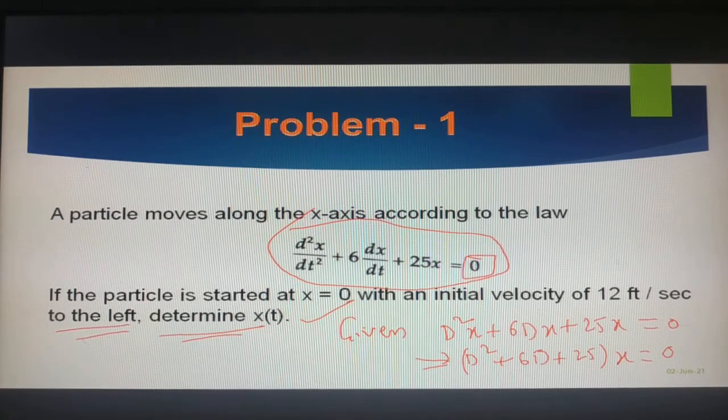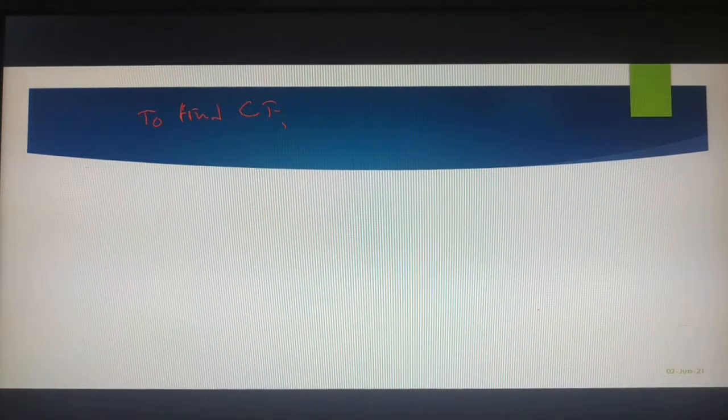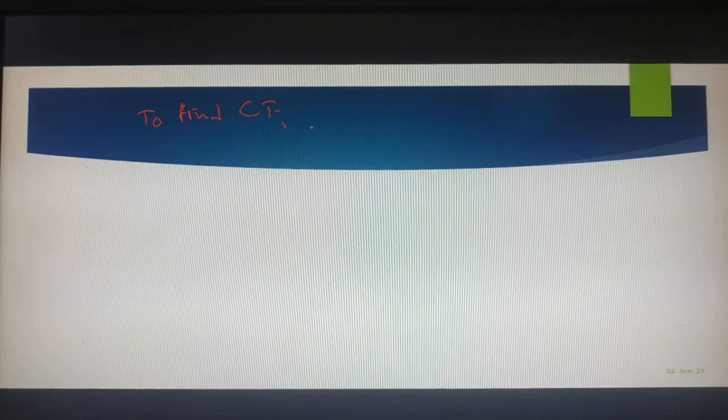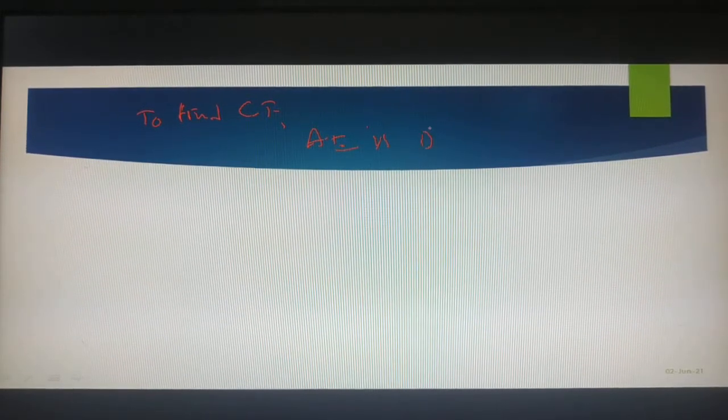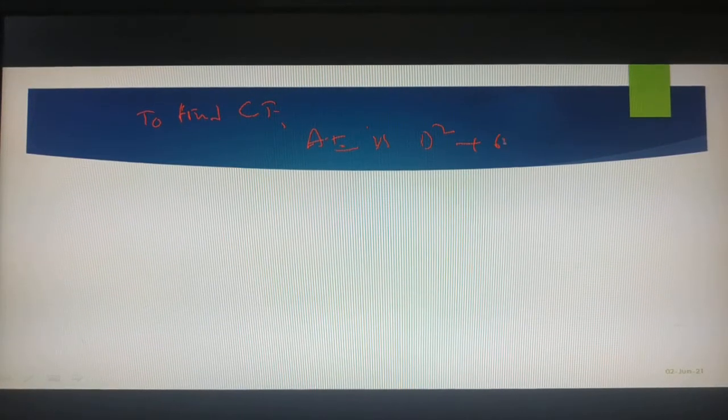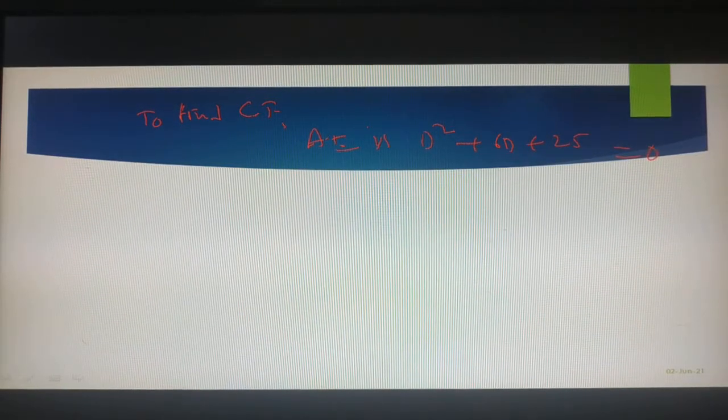This differential equation you should not disturb. So what is the auxiliary equation here? We have to consider the auxiliary equation D square plus 6D plus 25 equal to 0. So you have to solve this.